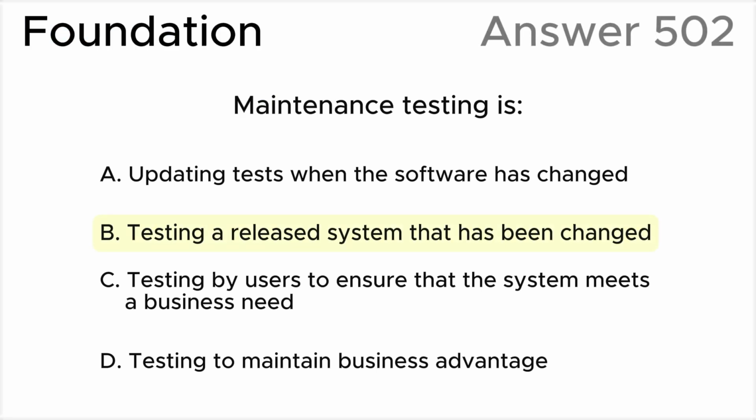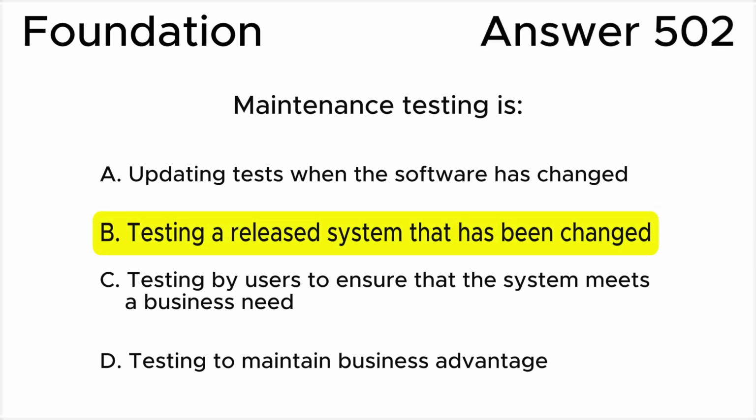The correct answer is B, according to the ISTQB Syllabus. Maintenance testing is performed when a system that is already in production is modified due to bug fixes (corrective maintenance), enhancements (adaptive maintenance), performance improvements (perfective maintenance), platform migrations, or preventive maintenance.